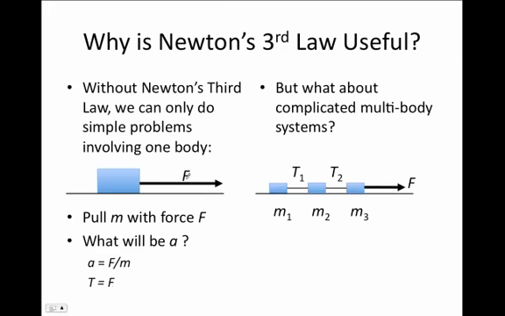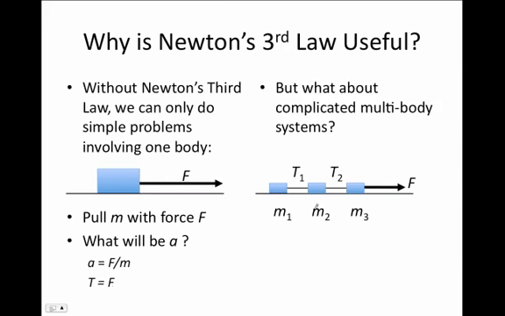What about complicated systems like a string of blocks, each connected by a string, and we're pulling on the farthest right block here, and they each have different masses, M1, M2, M3. Well, each of these things is going to start accelerating together as a group. There's going to be some tension in this string that's pulling that mass, and there's going to be some tension in this string that's pulling this pair of masses.